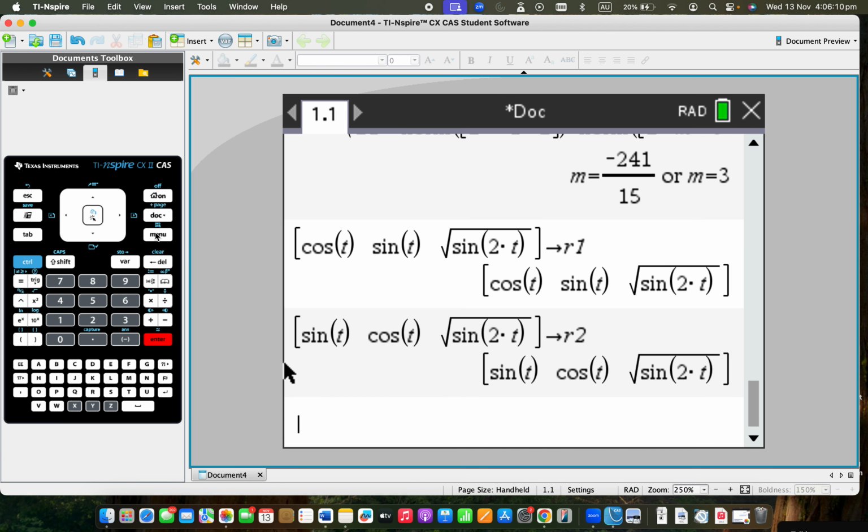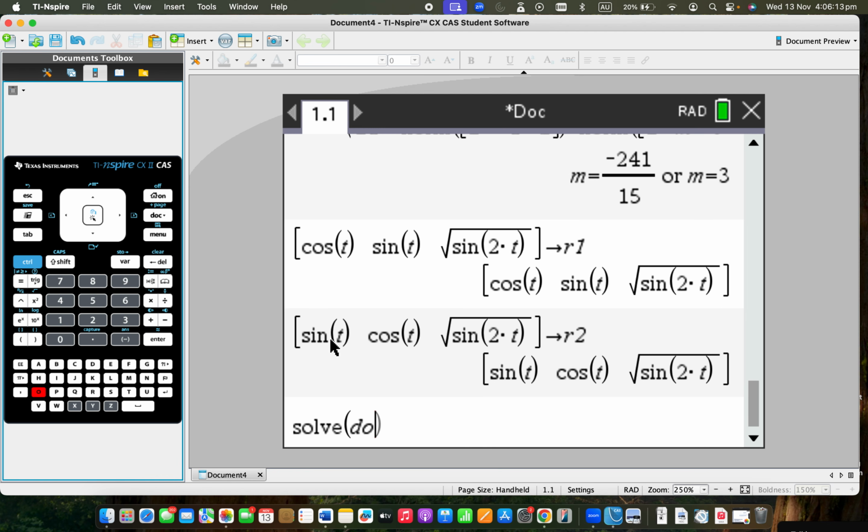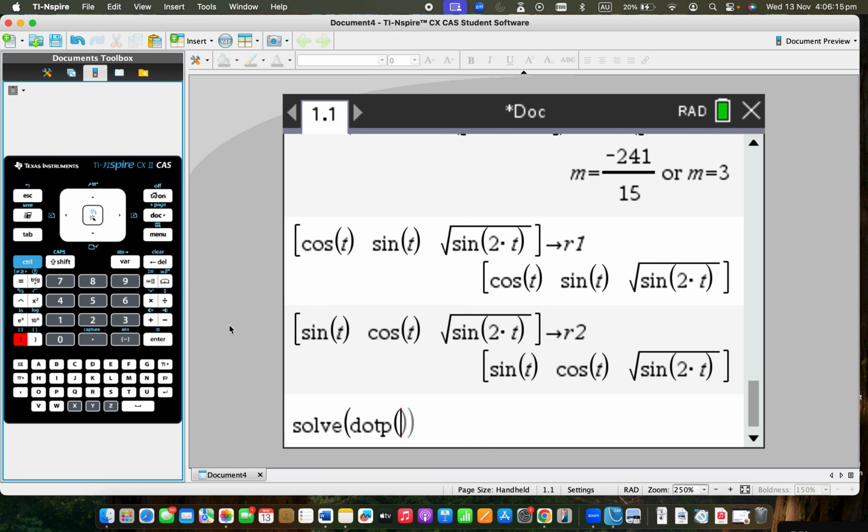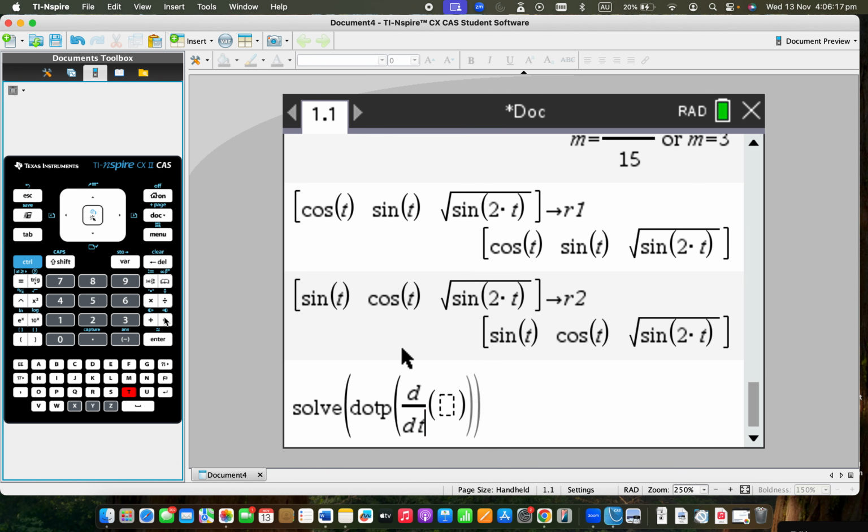And we want to know when the dot product of the derivative of R1, comma, R2 is equal to 0 from 0 to pi over 2.